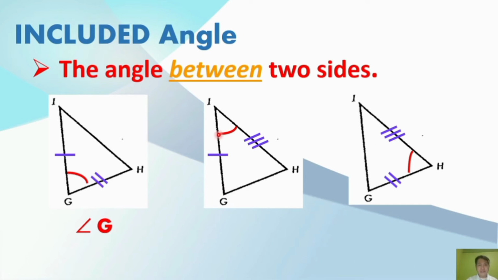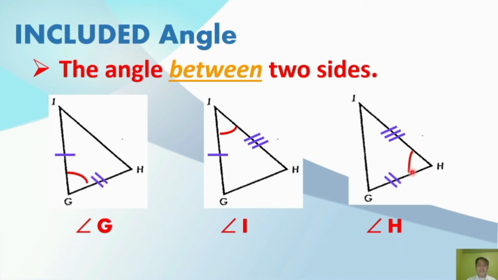And the angle between those two sides is this angle here, and that is angle I. So the included angle in this triangle with tick marks at side IG and side IH is angle I. On the third triangle, side GH and side IH have tick marks. So the included angle is the angle between these two sides, and that angle is angle H.